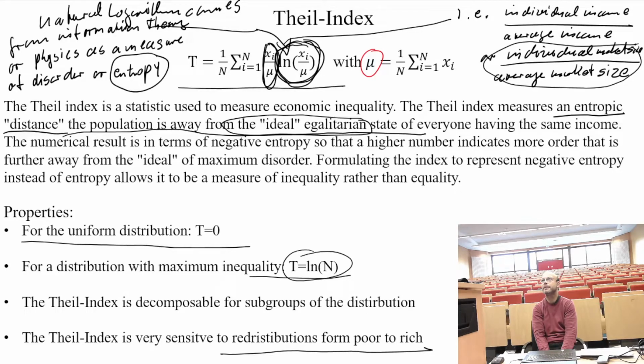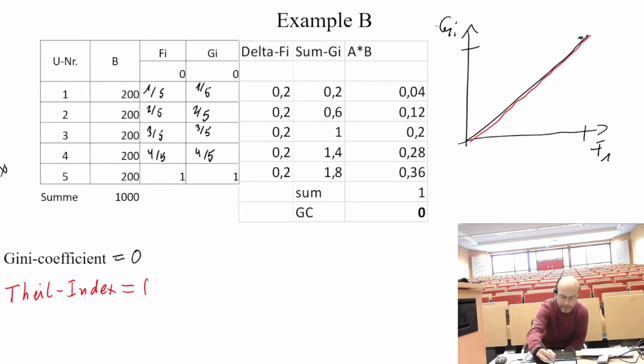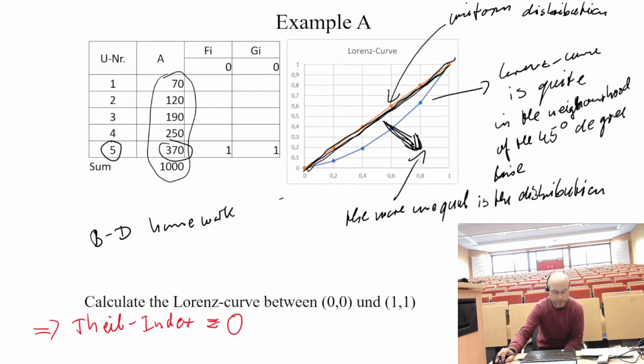And then I divide here the same numbers, so I have a 1, and ln of 1 is 0, and therefore the Theil index is also 0, and I do not have really to calculate anything. So in this case, Theil index equals 0.